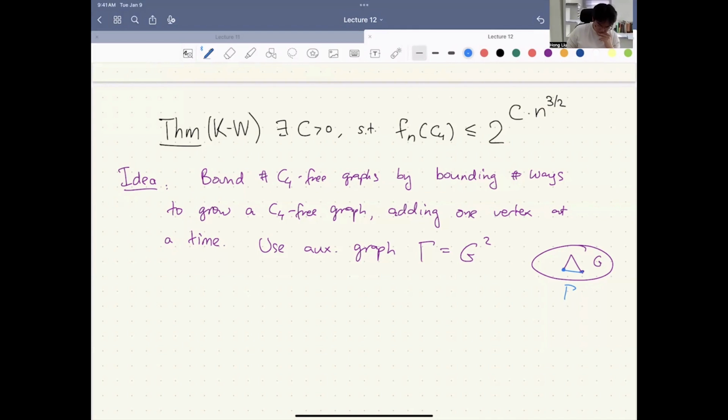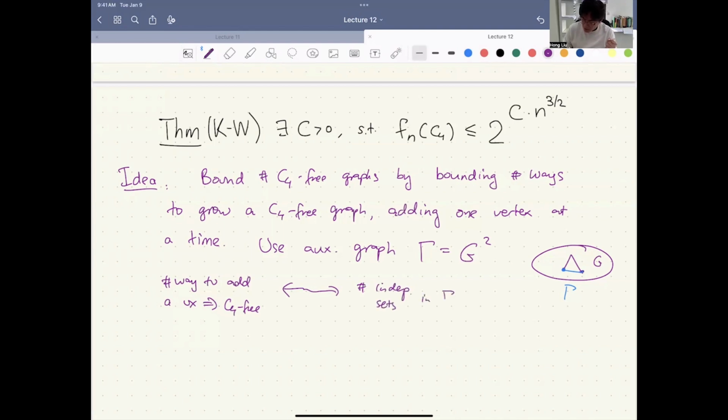Now, why this graph? Roughly speaking, the number of ways to add a vertex and maintain C4-free will correspond to the number of independent sets in Gamma.